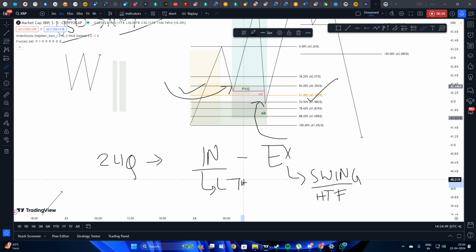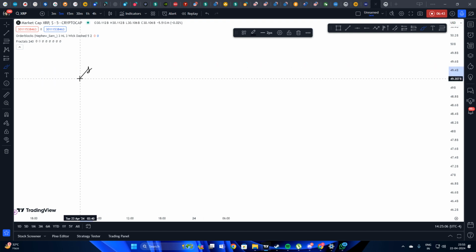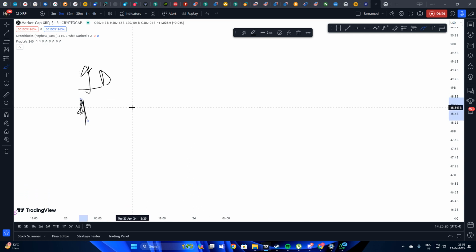Now, how do you approach these charts when you go forward? This is the best moment for me to introduce that along with internal and external liquidity. Whenever you are looking at a chart, for example, I open a chart of Euro USD, I will always go on the 1 day bias, and I'll draw four things.